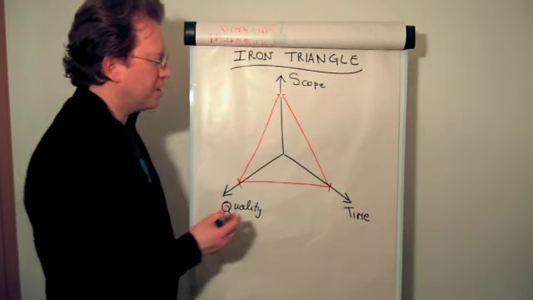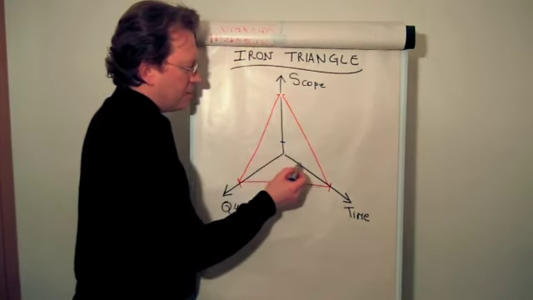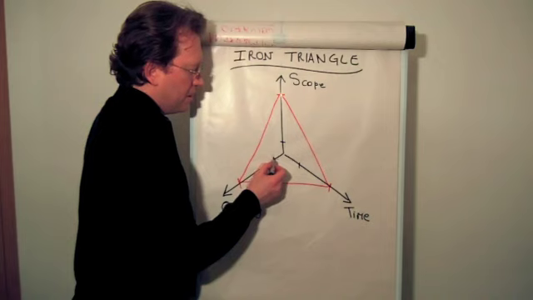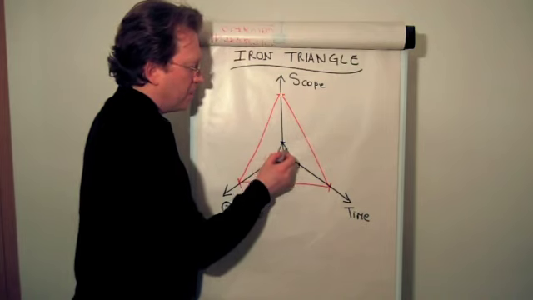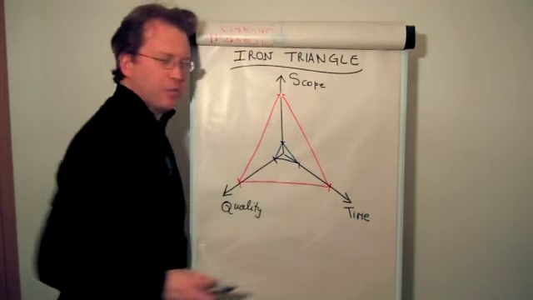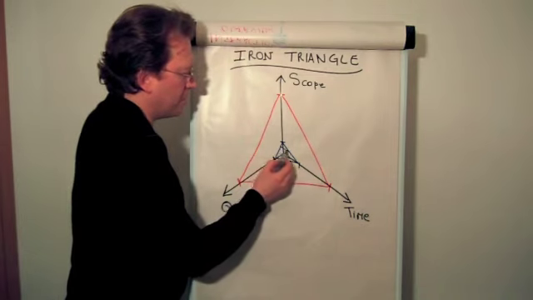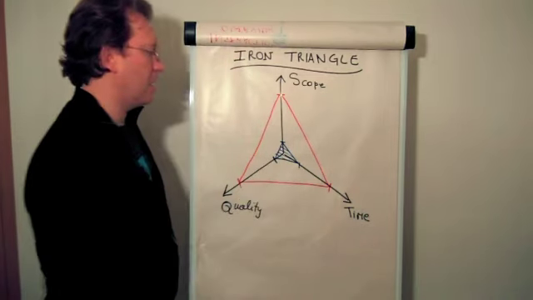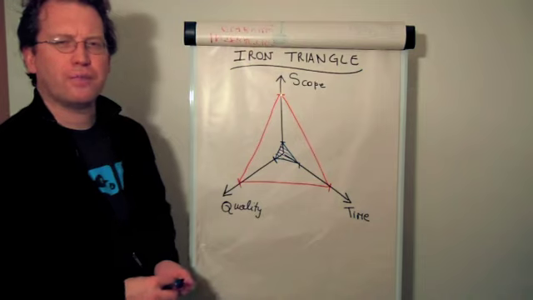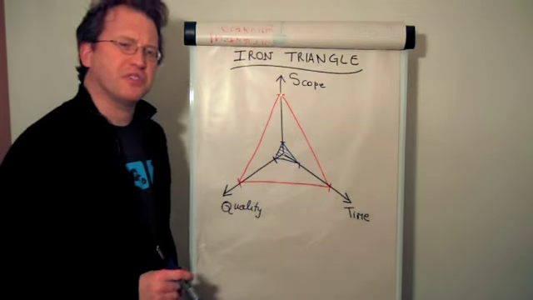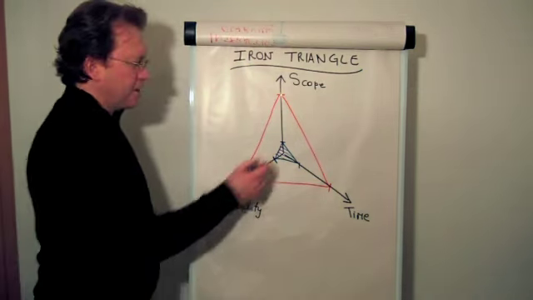Obviously there is a minimum scope, a minimum time, and a minimum quality, which is the bare minimum. And if your team is not able to achieve this bare minimum, you should exit this business. So let's say you're in there.